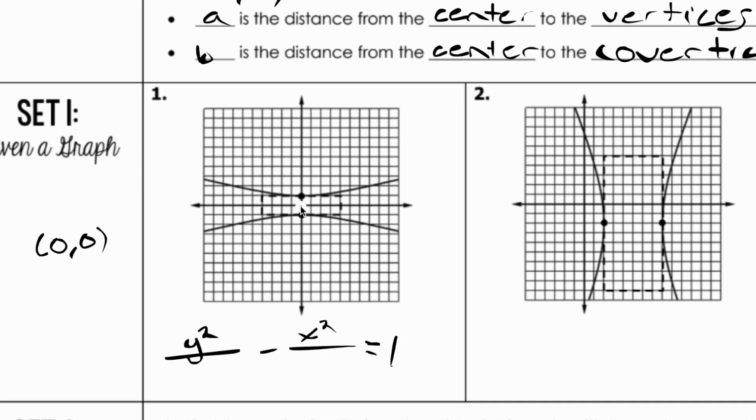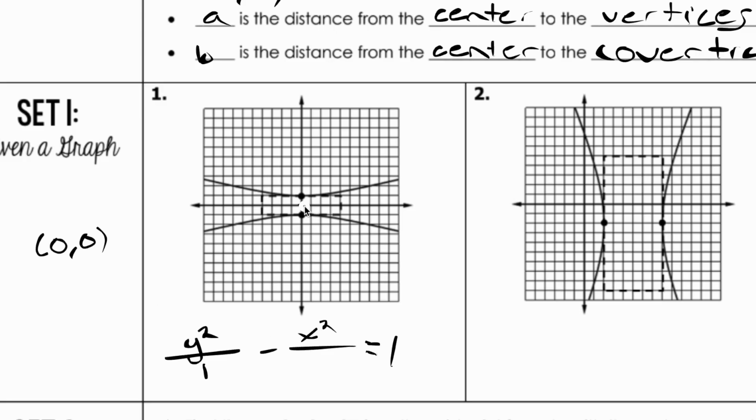Well, from our center to our vertex, right? This is our vertex. That's going to be 1 unit. And so that's our a value. So a equals 1. So that means under our first term, a squared, it's going to be 1 squared. So it's just 1. I'm just going to put 1. But you could just put y squared.